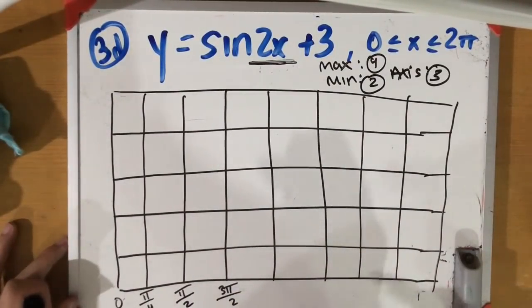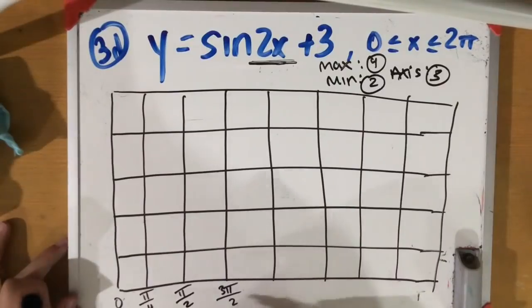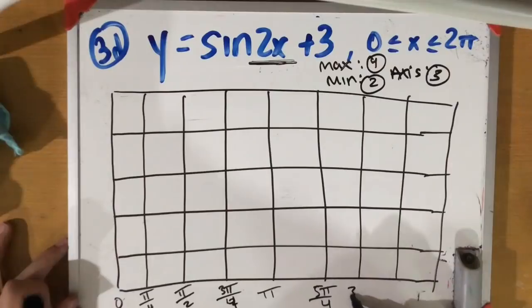So if you're ever wondering what radian to use, you just add pi over 4 to whatever your last step was. Pi over 4 plus 3 pi over 4 is, of course, pi, 180. Then comes 5 pi over 4, 3 pi over 2, 7 pi over 4, and then finally 2 pi.